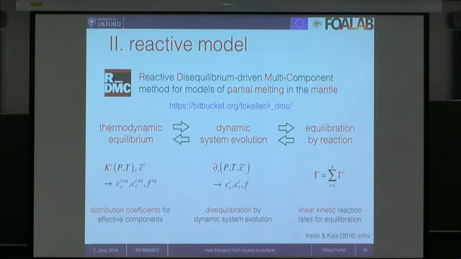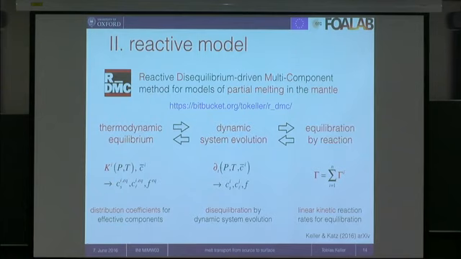And in this parameterization, what we do is we define partitioning coefficients for each of the components we want to deal with. So this again can be generally n components. And these are parameterized in pressure-temperature space according to thermodynamic relations derived from ideal solution thermodynamics.